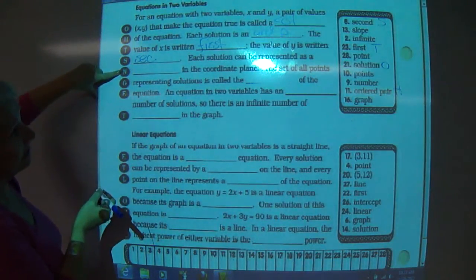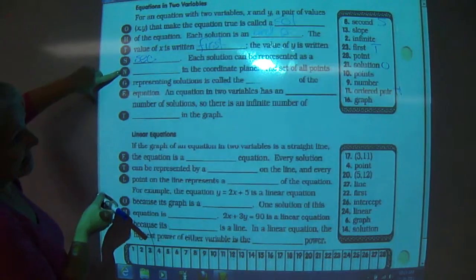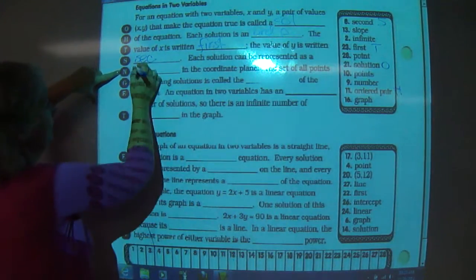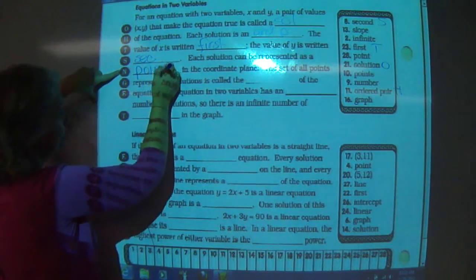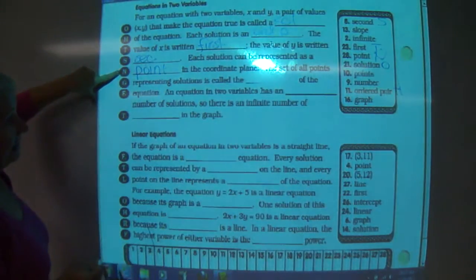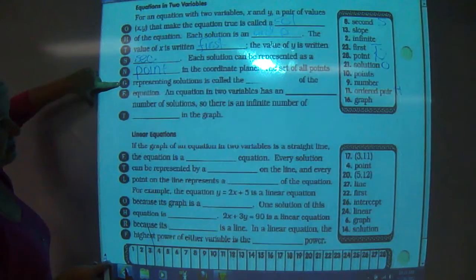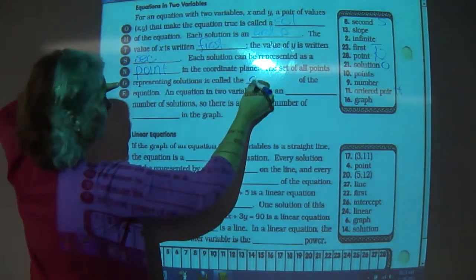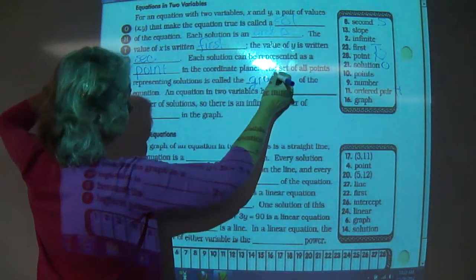Each solution can be represented as a point in the coordinate plane. The set of all points representing solutions is called the graph of the equation.